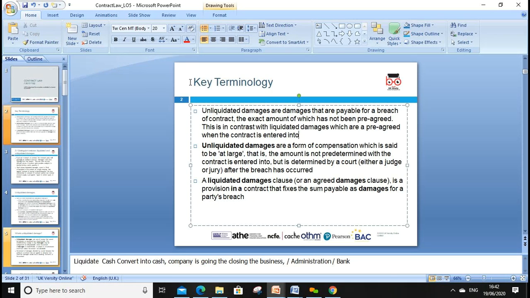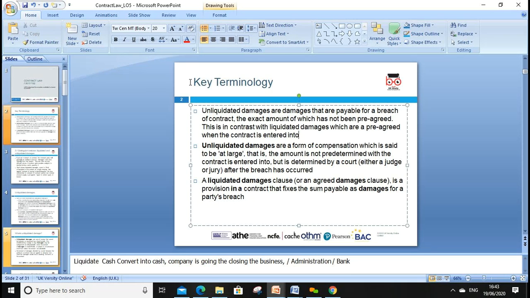We said it is part of the contract, but you are not supposed to buy the PPI if you do not wish to. In that case, there can be damages for loss, which can be determined by the judge, the court or the jury after the breach has occurred.